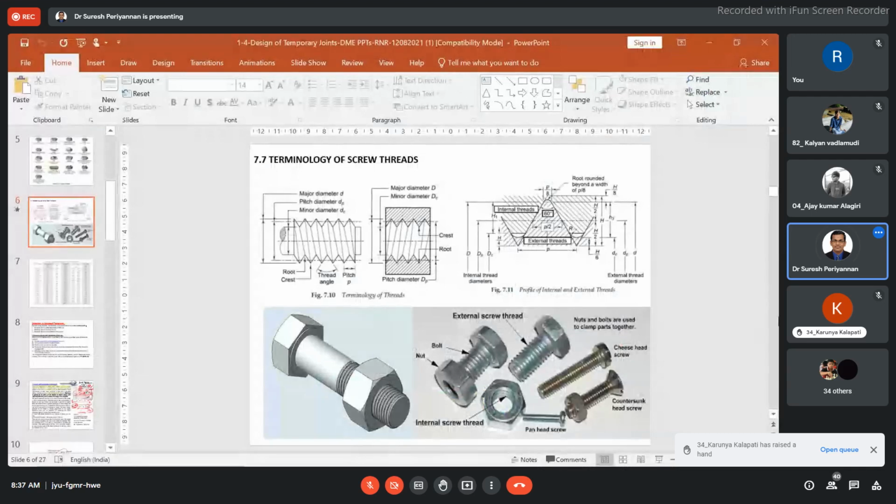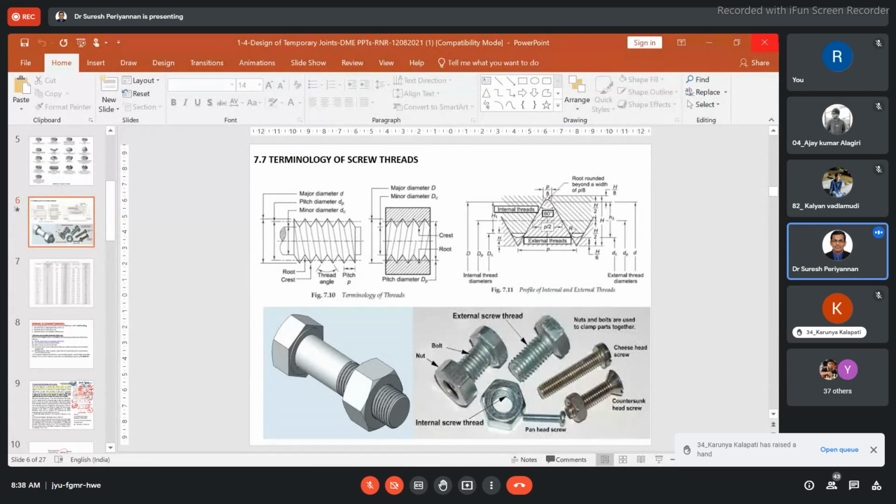In the last class we discussed this topic, temporary joints. In the temporary joints, we discussed different types of nuts, bolts, screws, set screws, and cap screws. We discussed bolt of uniform strength and locking screws, and different types of set screws: flat point, dog point, cone point, and hanger point set screws.